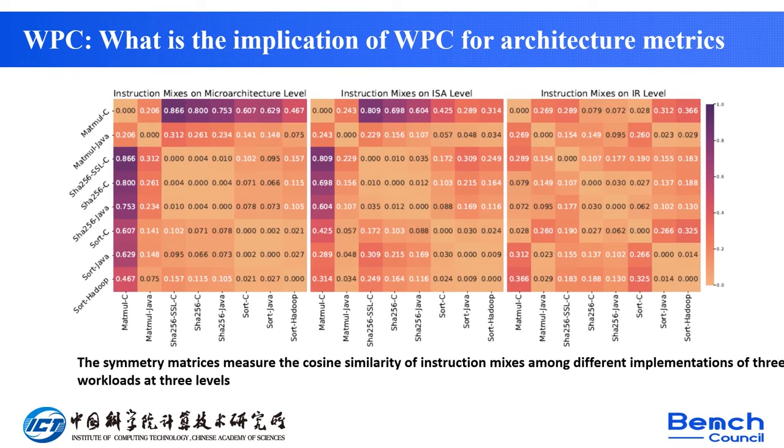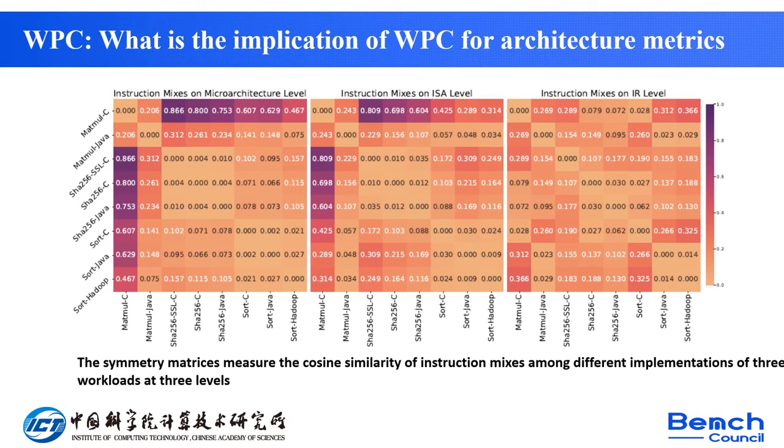We note SHA-256 C and SHA-256 SSL C are similar as their cosine distance is less than 0.1 at three levels. In fact, SHA-256 and SHA algorithmically are similar in instruction mix as they both have intensive data loads and integer operators.